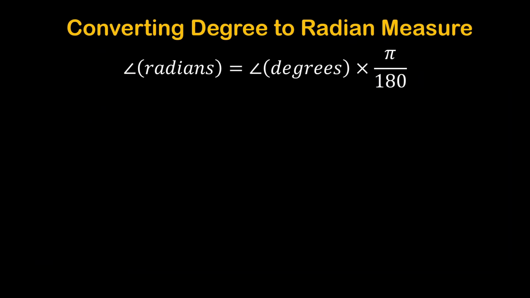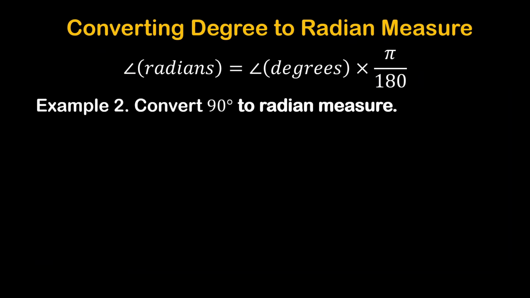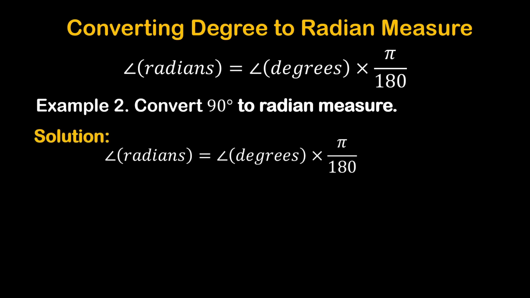For our next example, convert 90 degree to radian measure. Again, to convert degree to radian, we multiply our given degree measure by pi over 180. From our given problem, our degree measure is equal to 90 degree. We multiply that by pi over 180, and that will give us 90 pi over 180.